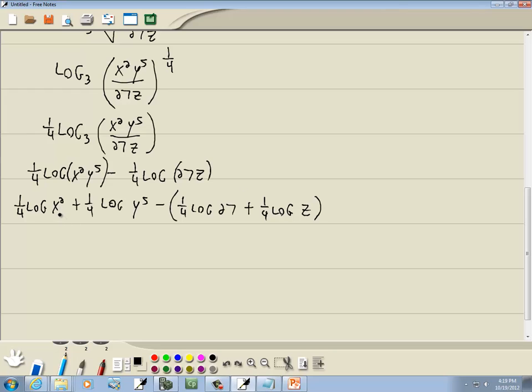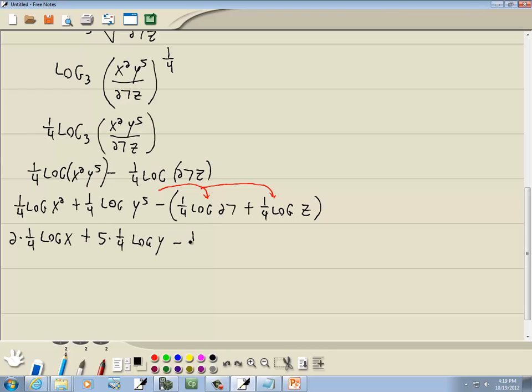Okay, so looking at the x squared here, I can take the power, put it out in front. So we've got 2 times 1/4 log x plus this 5 we can take out in front. 5 times 1/4 log y. This negative has to flip the sign of everything that follows it. So it's a flip sign of that and flip sign of that.